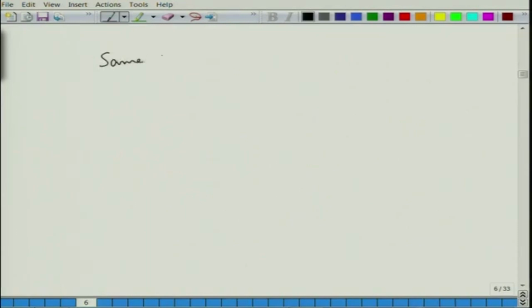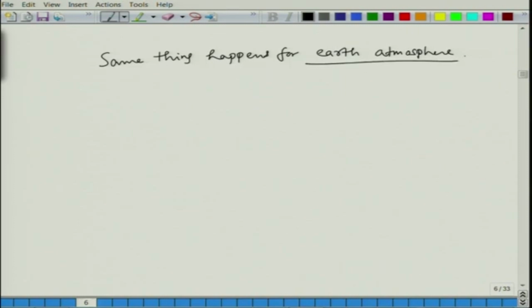And the same thing happens, so here this is a side note you can think of, for the earth atmosphere, we can say. What do we mean by that?